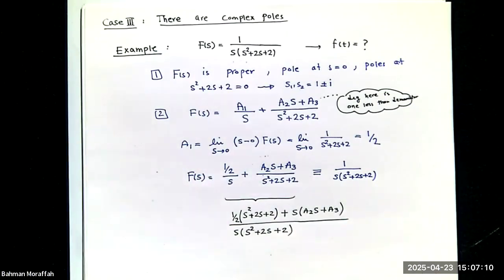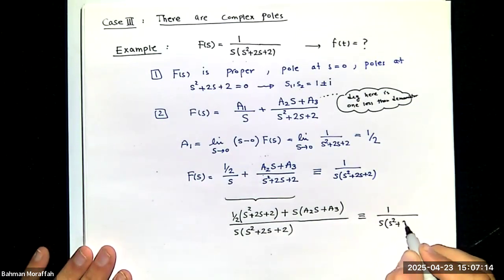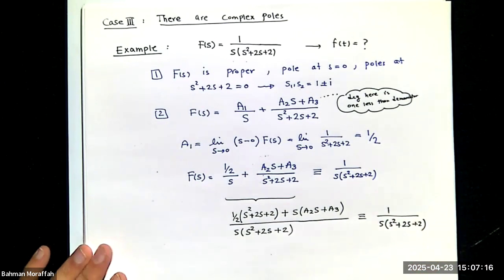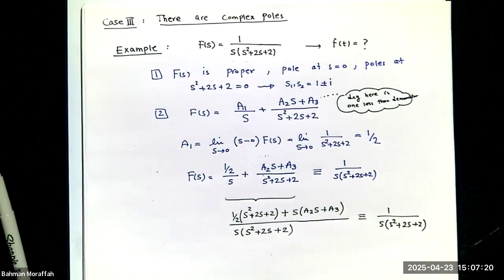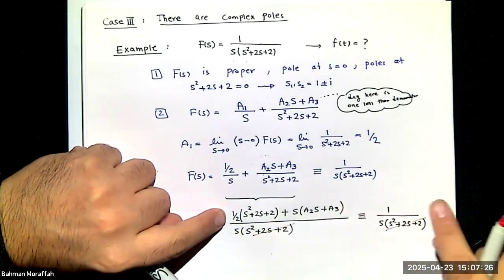And I know this must be 1 over s times (s squared plus 2s plus 2). This term and this term cancel out. So all I have to do is equate the numerators.